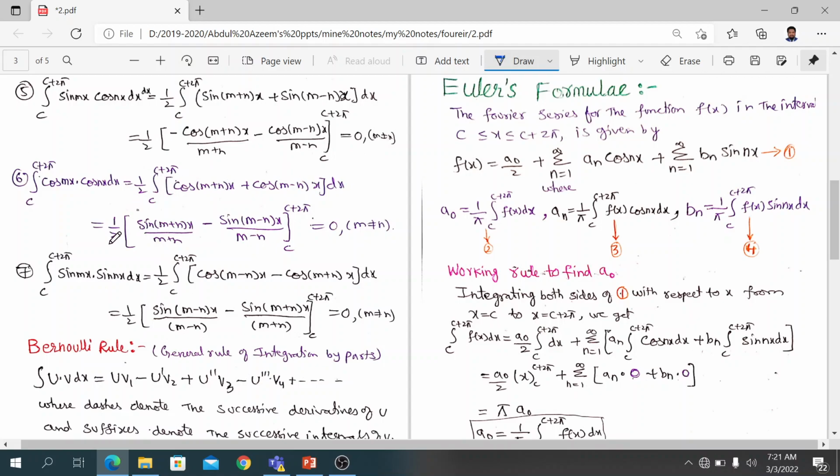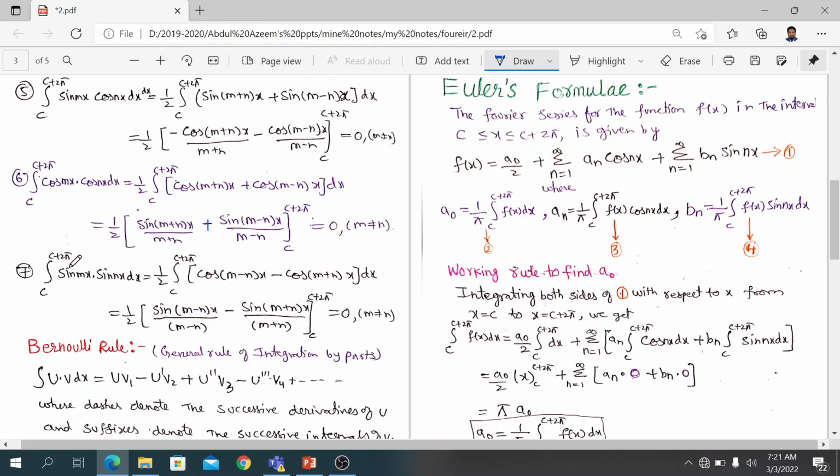So now 1 by 2 as it is, the integration of cos (m plus n)x is sin (m plus n)x by (m plus n), plus the integration of cos (m minus n)x is sin (m minus n)x by (m minus n), from c to c plus 2 pi. If we apply the limits, you will get 0.